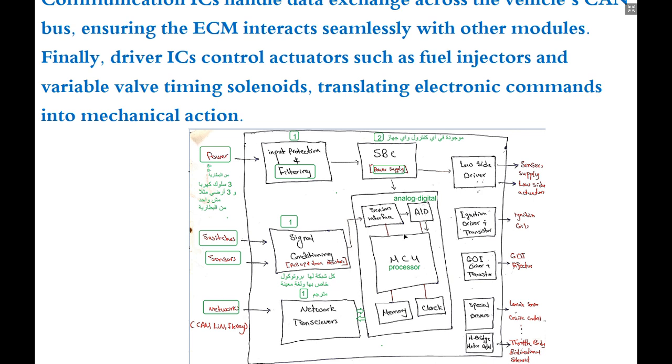And we have network transceivers. We have multiple networks, and those networks can share data with our ECM, so we have to convert the language of the network to our ECM language.